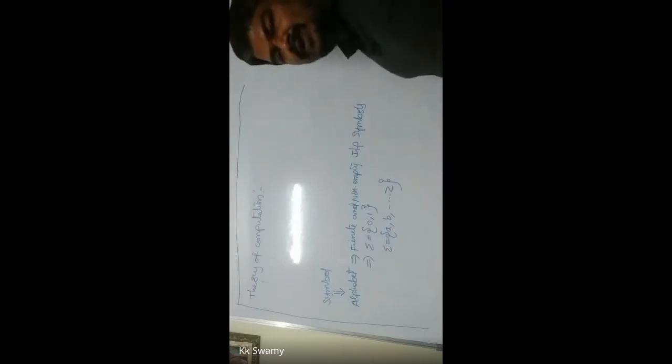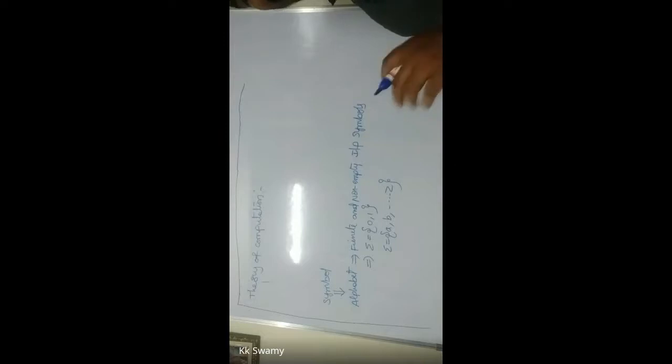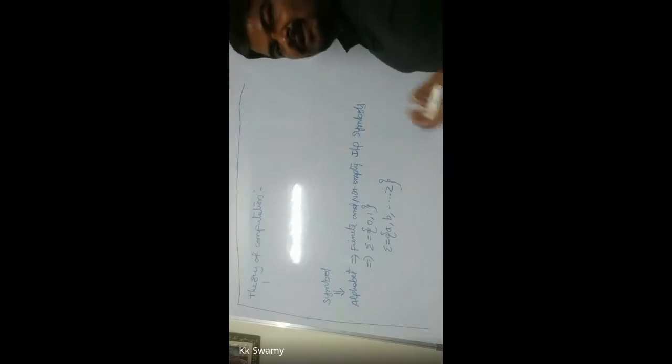If a language contained an infinite number of alphabets, we could not specify the grammar rules or the valid words, and whatever is written would be considered valid. But if you specify that only these are valid in my compiler, only these are valid in my language, then only we can identify whether something is right or wrong.